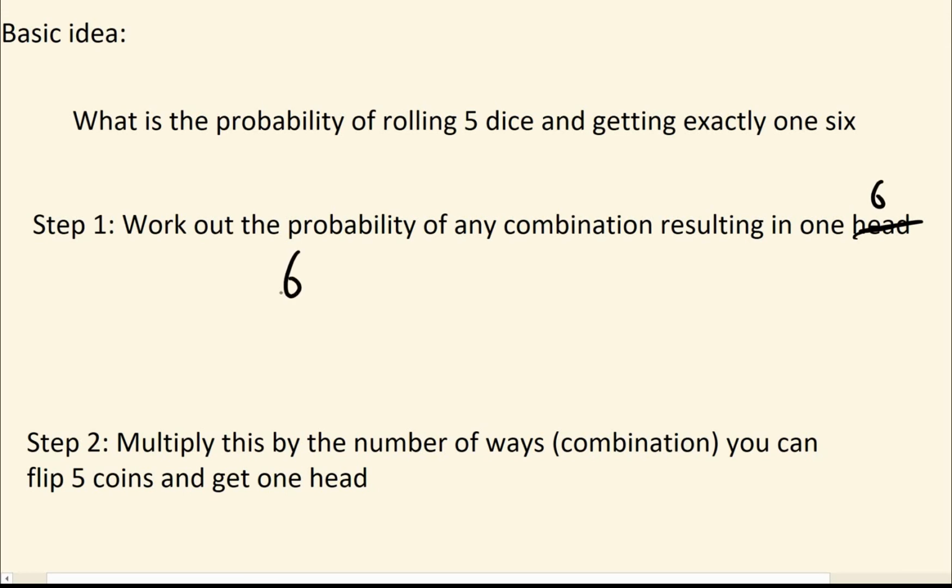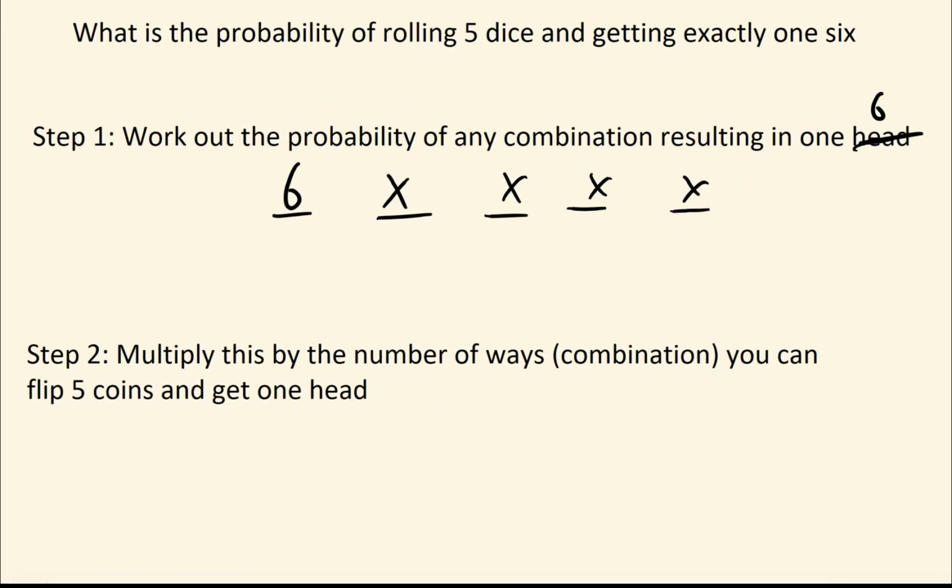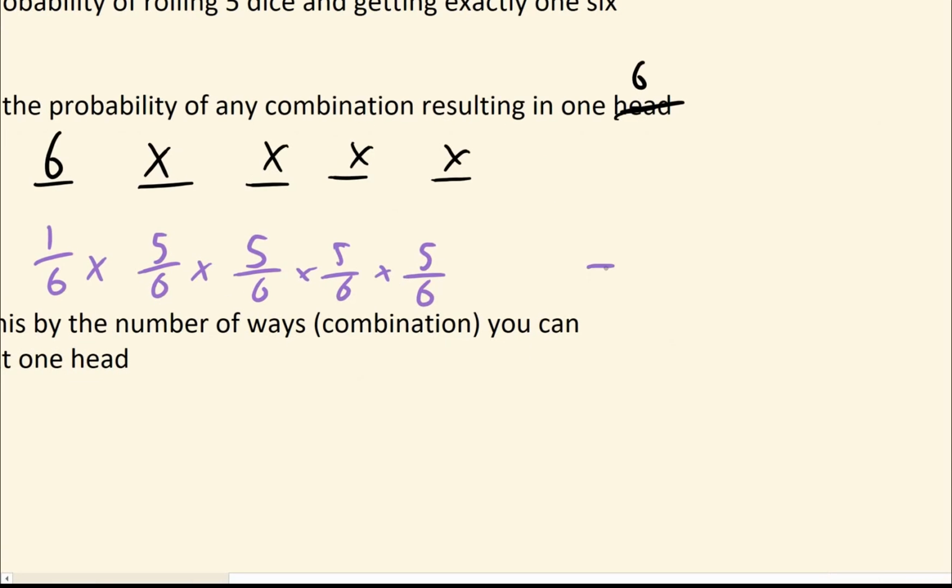So I could say I want to get a 6, and then I want to get 4 things that are not a 6, so x would be any number from 1 to 5. And we can then work out the probability of that. That's going to be 1/6 times 5/6 times 5/6 times 5/6 times 5/6. And we can compact that a tiny bit by writing it using powers.